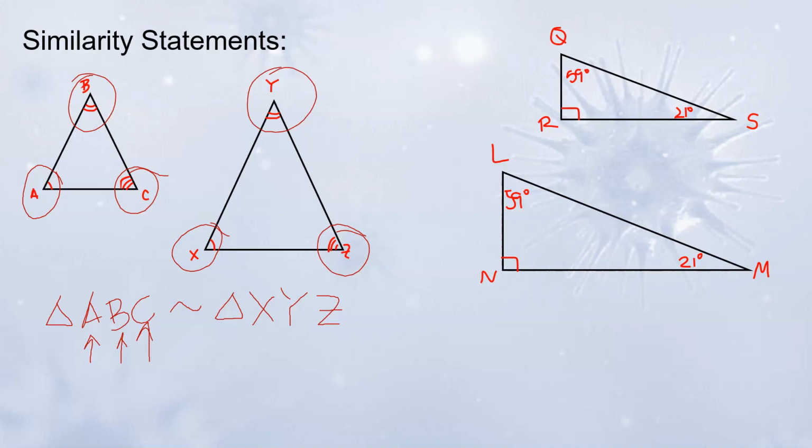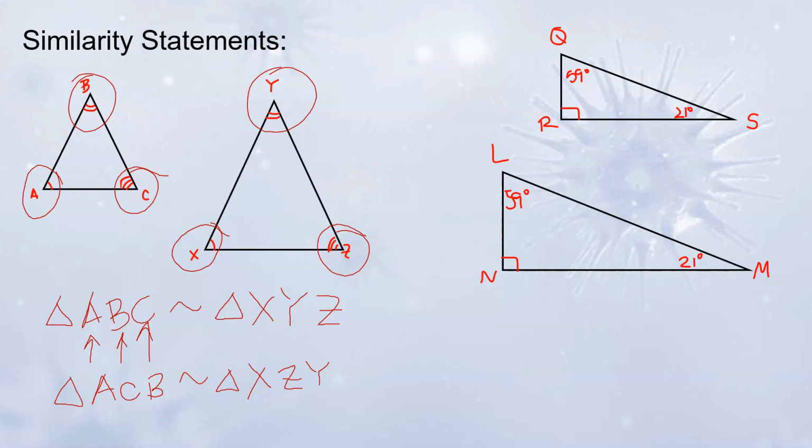If I change this similarity statement to instead read triangle ACB, then that would have to be similar to triangle XZY. You have to make sure that the angles line up where the order that they show up in the first triangle is the same order that they show up in the next triangle.